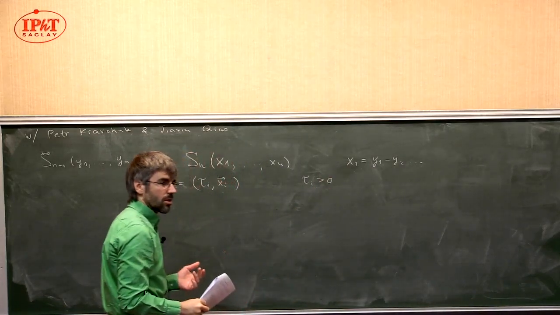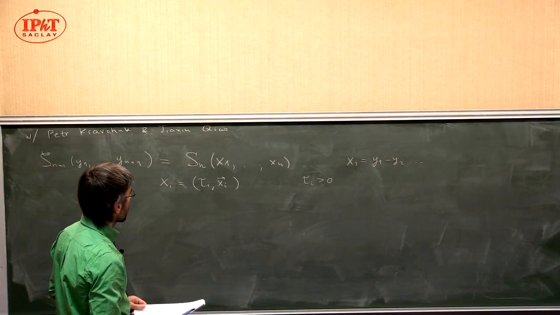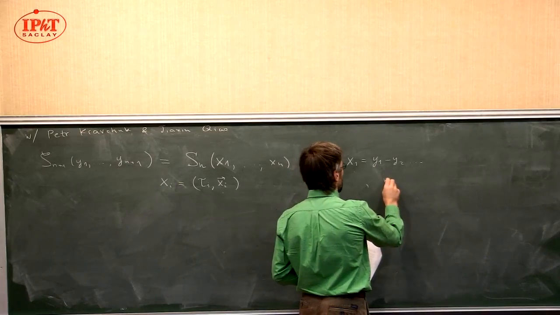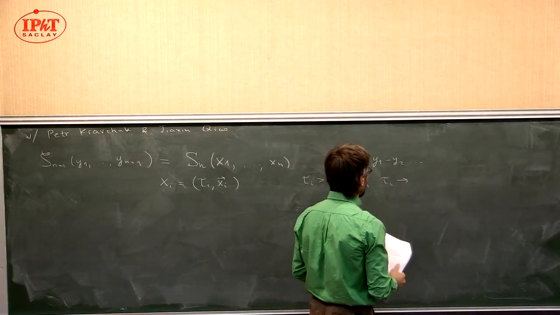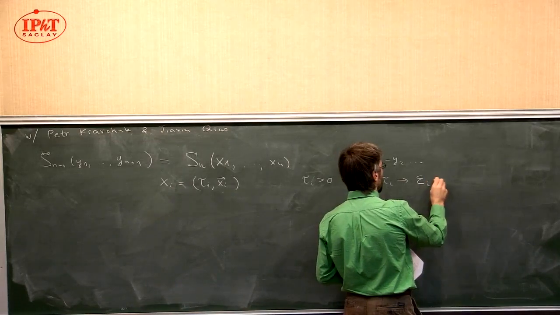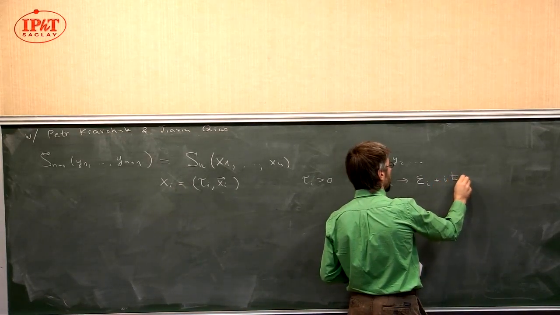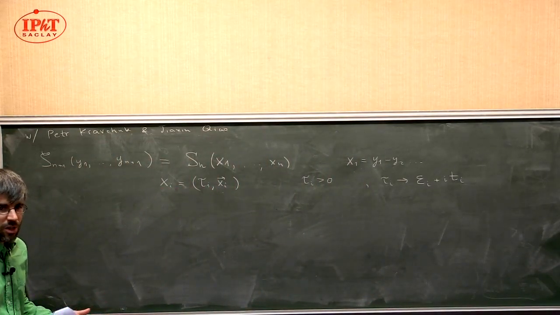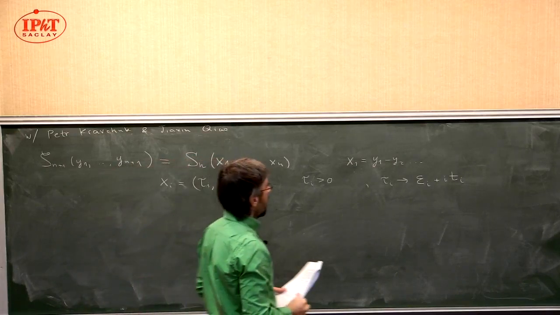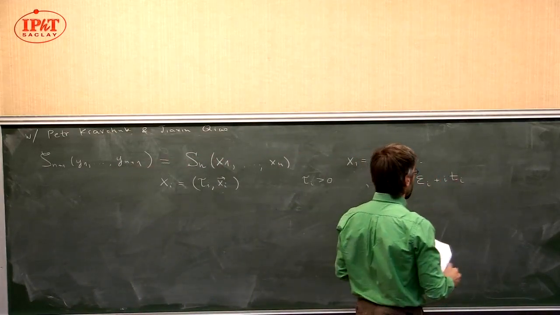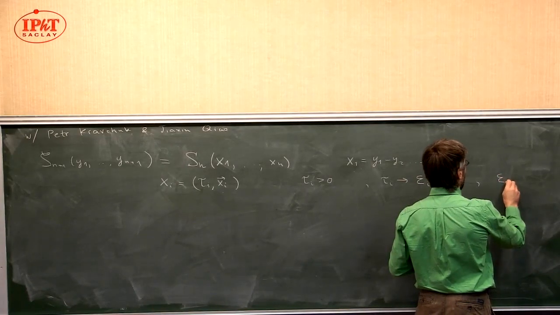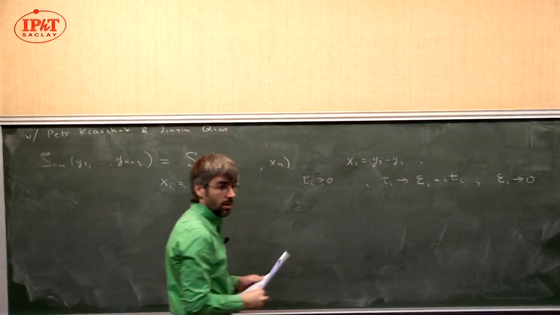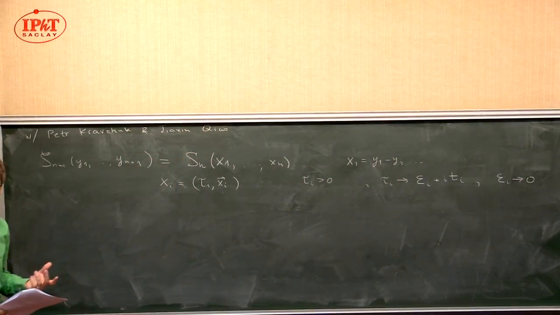We have to start from this configuration, Euclidean time-ordered configuration, and we have to analytically continue. Tau_i goes into epsilon_i plus i t_i, where t_i is going to be our Minkowski time. And then once we did this analytic continuation, we have to take the limit where all epsilon_i go to 0. And we have to show that this limit exists.